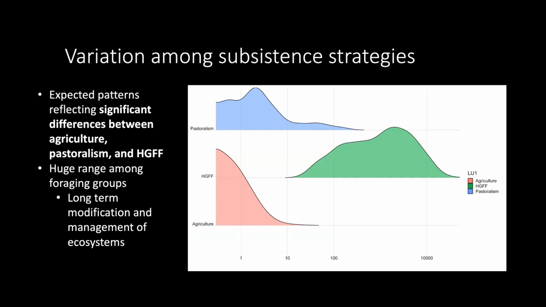And in this database, we get the expected pattern reflecting significant differences between the major land use types tracked in the land use database.